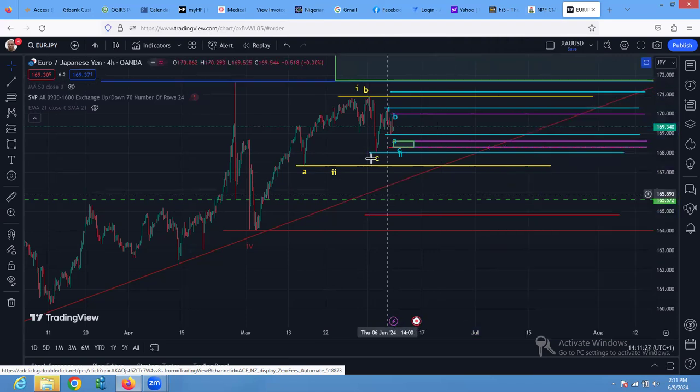This is the limit of what a wave 2 can be. Of course, it can stall here. So one thing we need to do now is to see whether it is possible that this thing will come and take this low. That's what we have to answer.